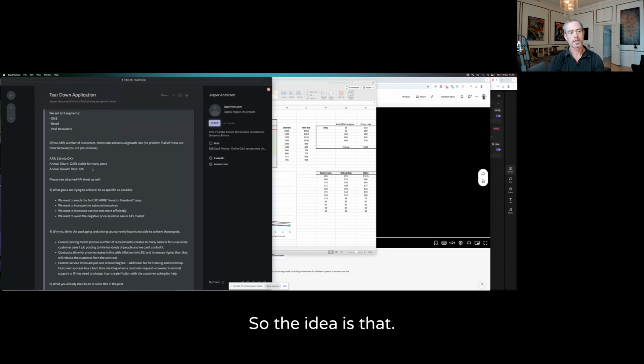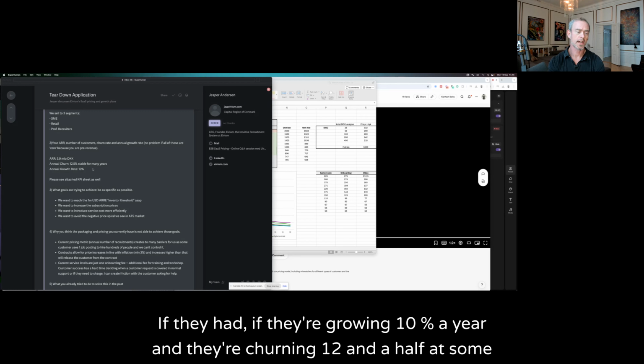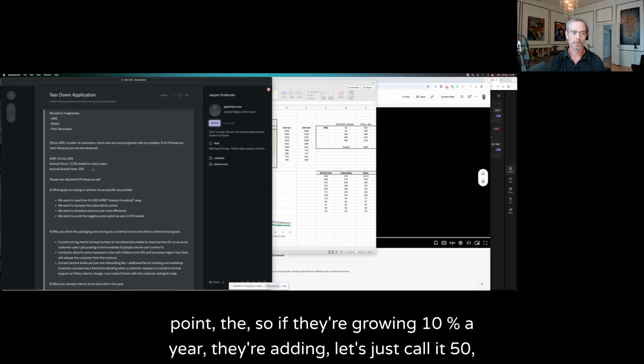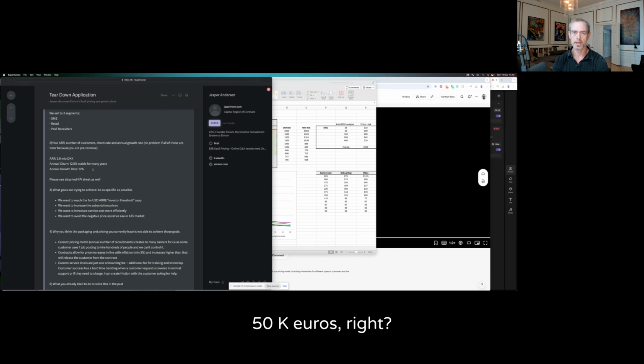right? So the idea is that if they're growing 10% a year and they're churning 12.5%, at some point, if they're growing 10% a year, they're adding, let's just call it 50k euros, right?